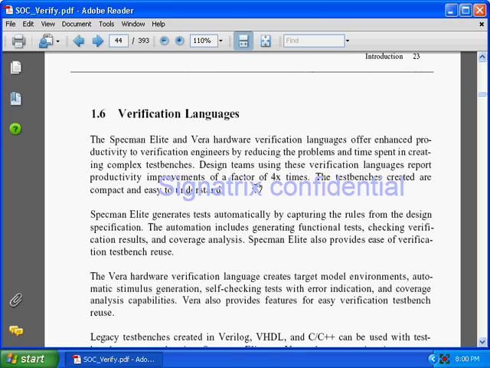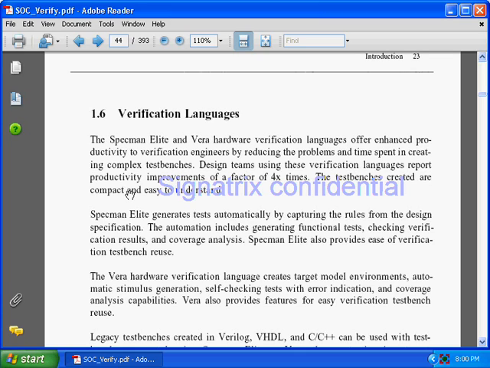So they are comparing: if you are implementing a verification environment with any HDL, and if you are implementing it using a verification language, your productivity is improved by 4 times.